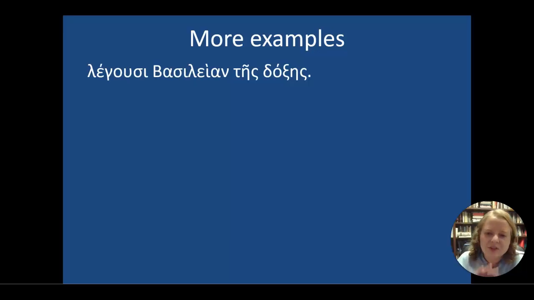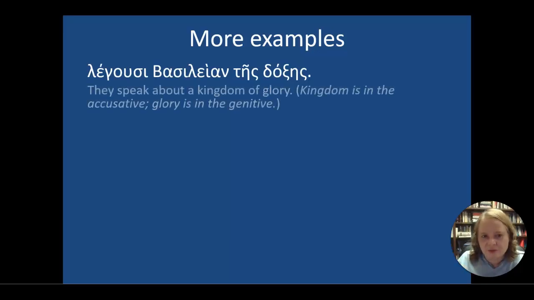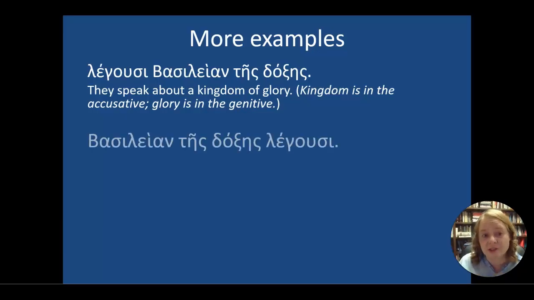And so from then on, I'm just going to read the sentence forward and see if I can get it. They speak the kingdom of glory, or they speak about a kingdom of glory. Sometimes you're going to have to include a word in English to make it smooth, but basileia can't be the subject because it's an accusative. Tes doxes cannot be the subject because it's in the genitive. So you have to use them elsewhere, and you have to keep the subject they, legusi.